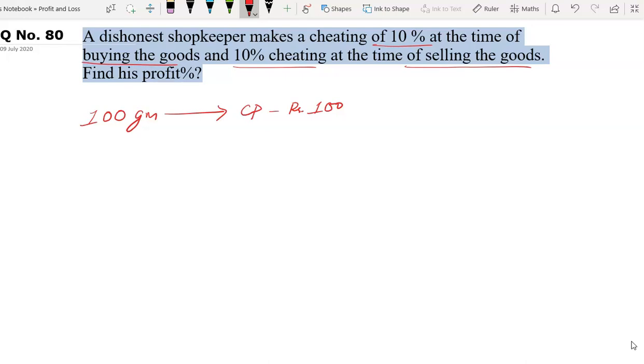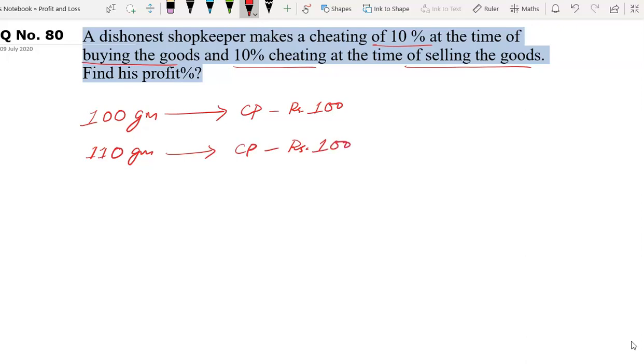But he cheats at the time of buying the goods, that is 10%. So he's supposed to buy 100 gram, but as he's cheating 10%, he will get 110 gram. But he will pay the same price, that is CP is rupees 100.